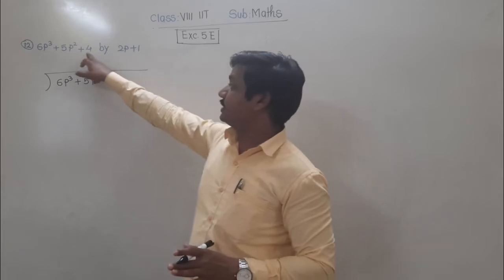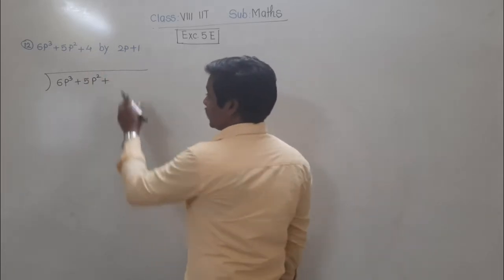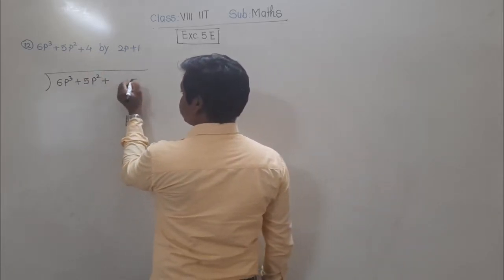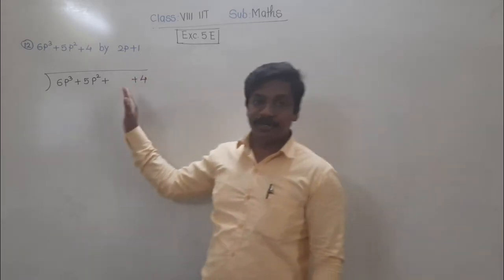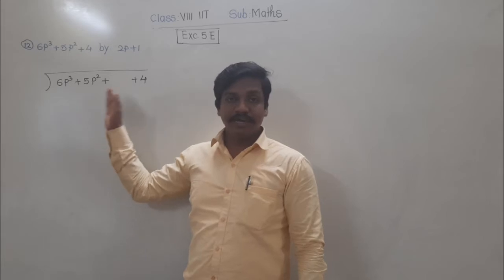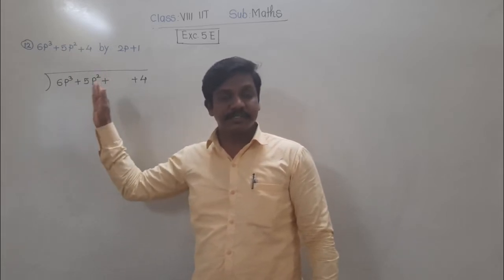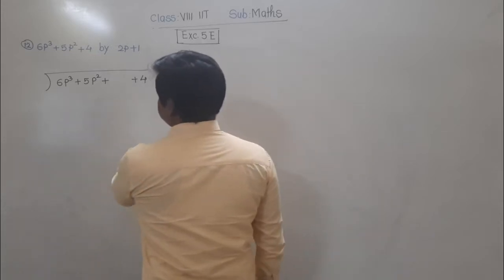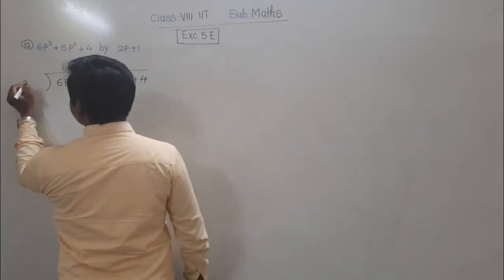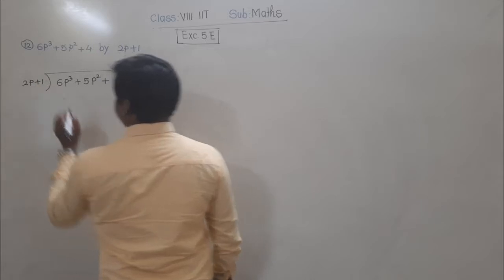Directly there is the constant plus 4, so for that we need to keep a space and write 4 here. So you have to take this care while solving such examples. If any term is missing in the sequence, you have to leave space for it. Understood? Now see, divide by 2p plus 1.